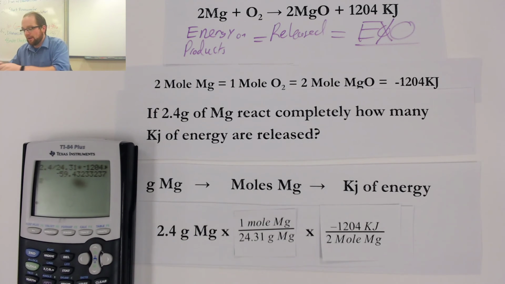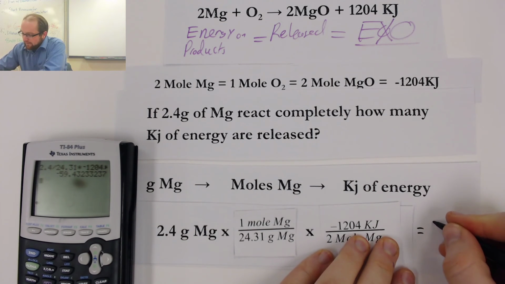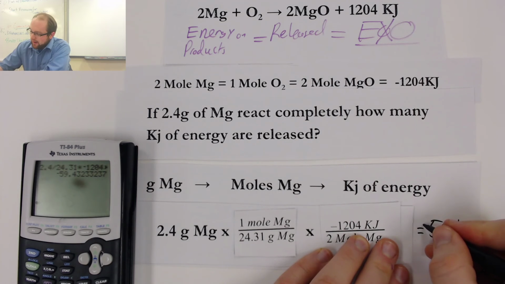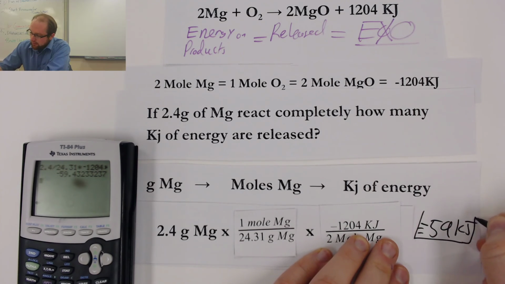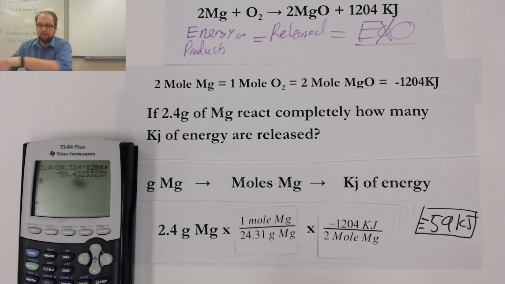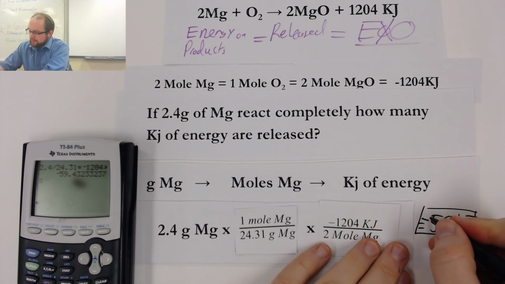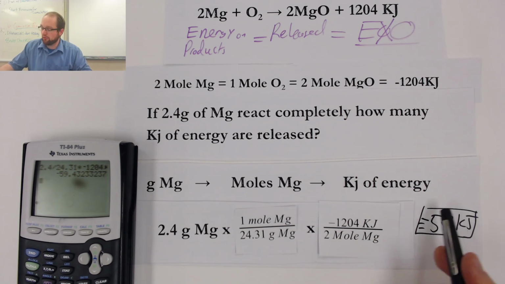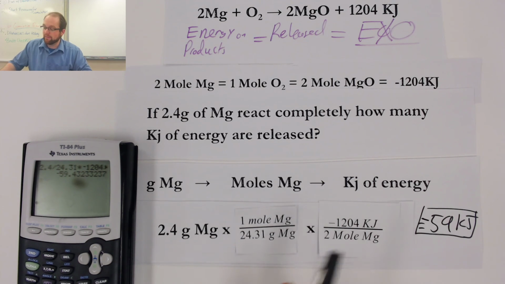So let's keep that at just very simply 59 kilojoules of energy. Make sure that that is going to include that negative sign that we found because we multiplied by -1204. That negative value tells me my actual exothermic answer. So that's about it for this video.